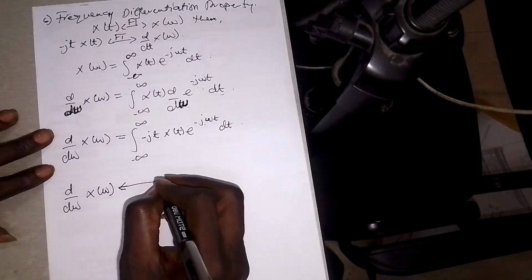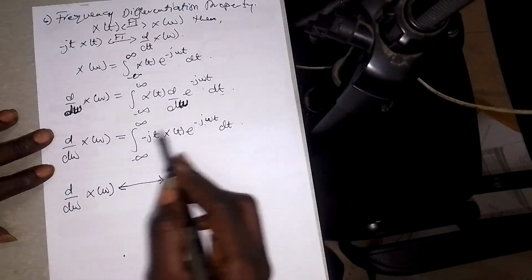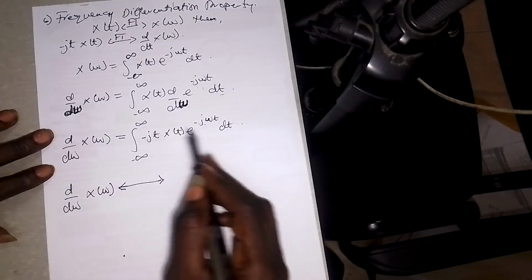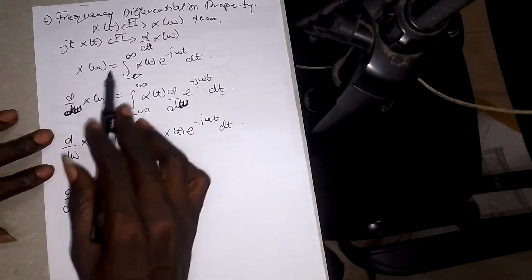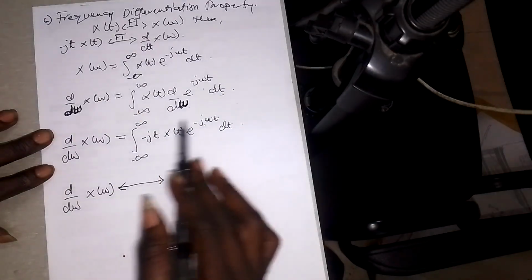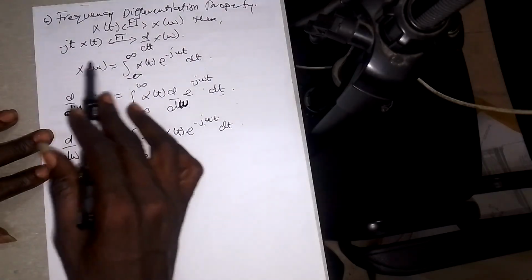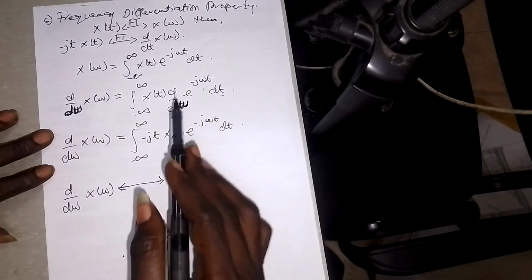It's better to write is the Fourier transform. This whole thing I have here is basically for X(omega). If you take away minus jt, every other term you have here is X(omega).